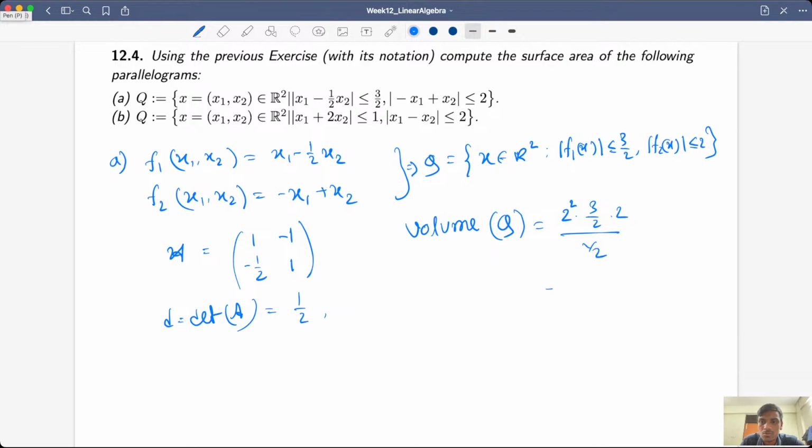So the 2s cancel out, and we have 8 times 3 by 2 times 2, yes. Similarly we can calculate the volume of this second thing also.